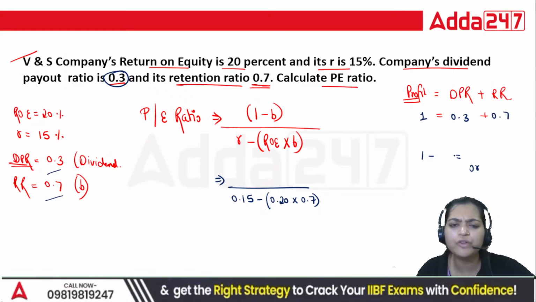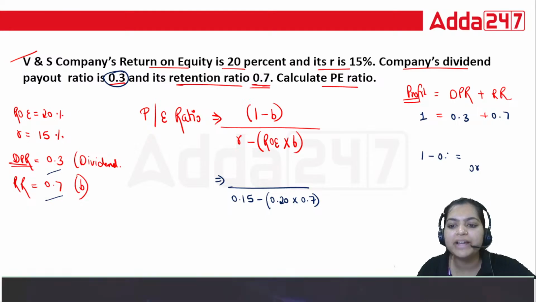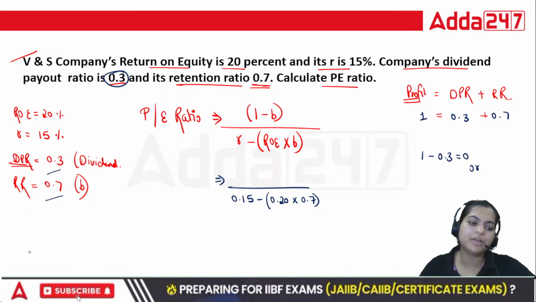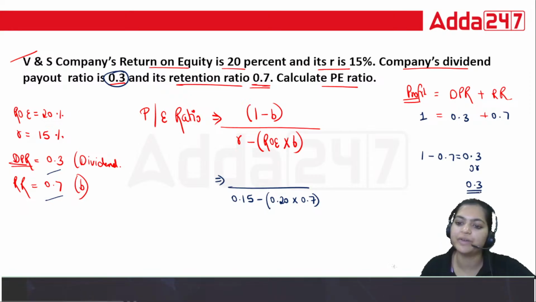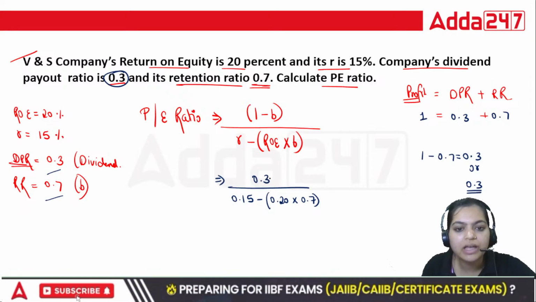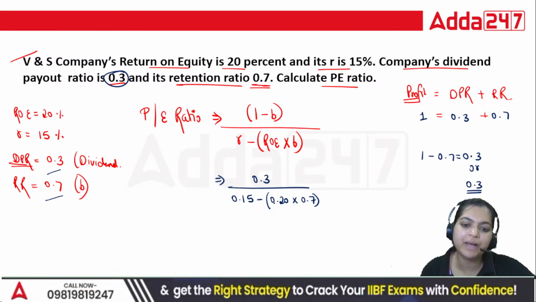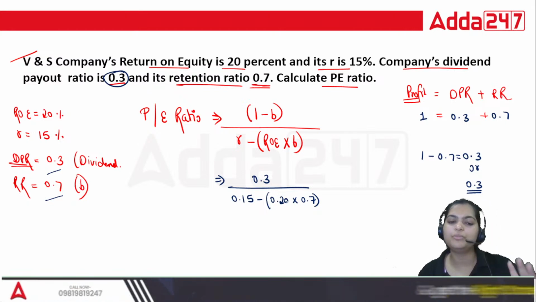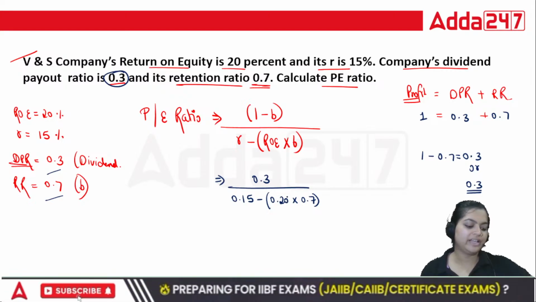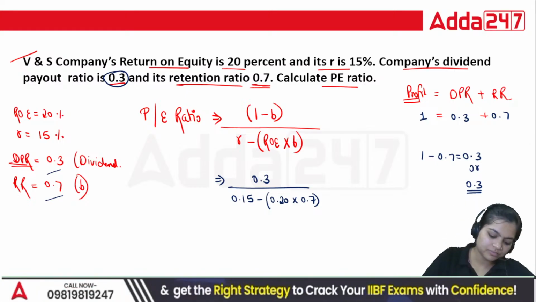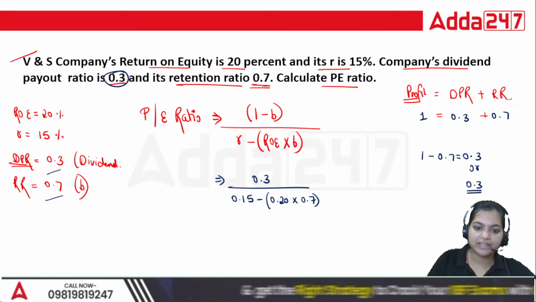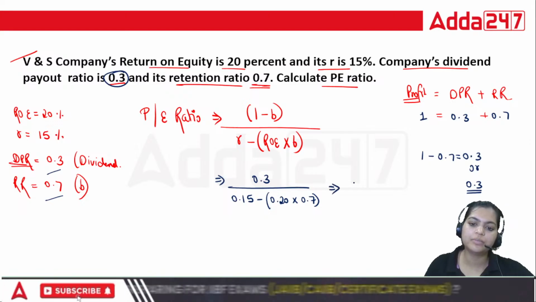If I want to calculate the DPR, 1 minus 0.7 will also give you 0.3, or directly 0.3 is given. So take the 0.3 divided by 0.15 minus 0.20 into 0.7. Just solve this and you will get the final answer. In the numerator you will get 0.3 as it is.